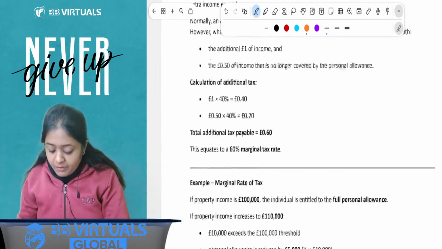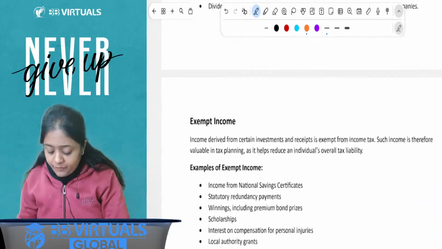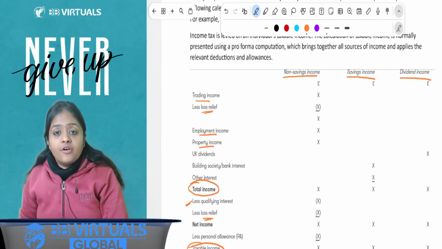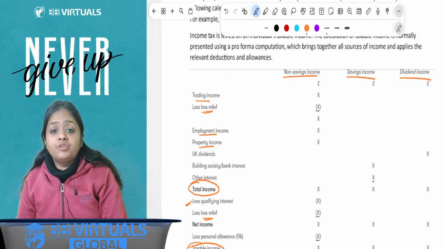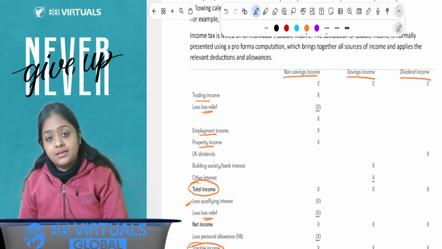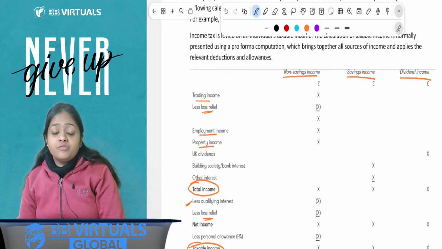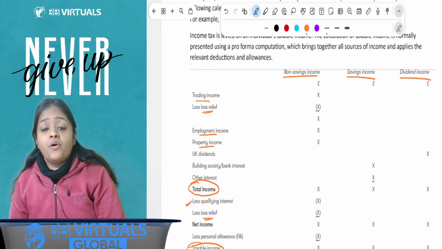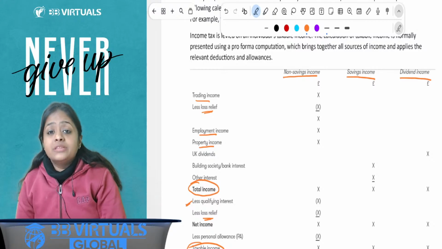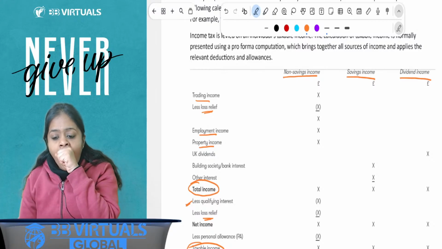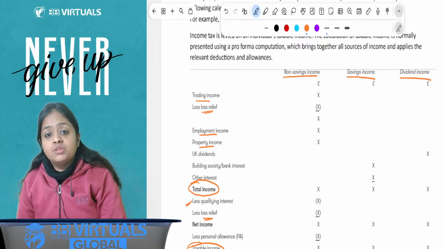Now, when we move to dividend income, for dividend income there is by default a nil rate band of 500 that is applicable to all categories of taxpayers. Beyond that, the income that will be taxed depends upon which rate band it is in. The tax rates for dividend income are different from the tax rates for the normal rate bands.